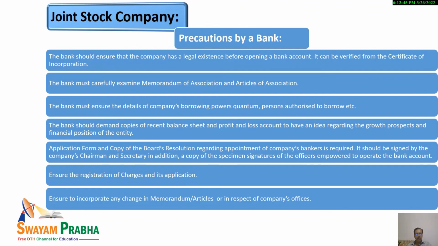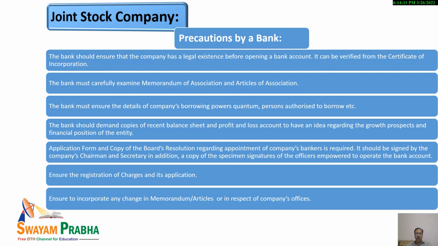The bank should ensure that the company has already been incorporated before opening a bank account. So you know it very well that in case of companies, certificate of incorporation is considered as the birth certificate of the company.